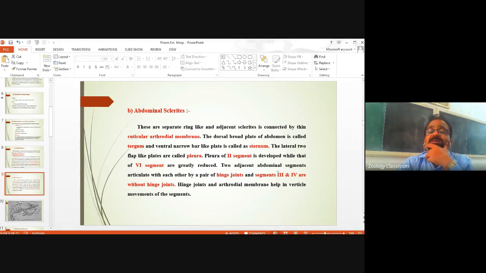Two adjacent abdominal segments articulate with each other by a pair of hinge joints.